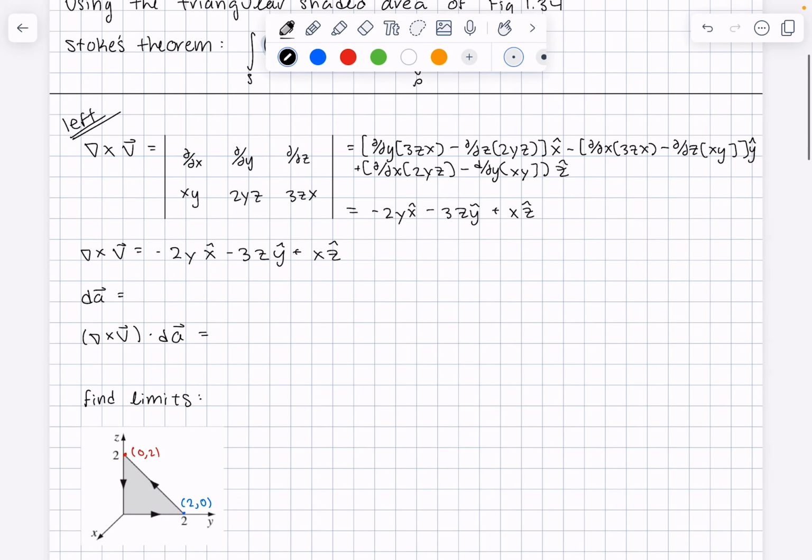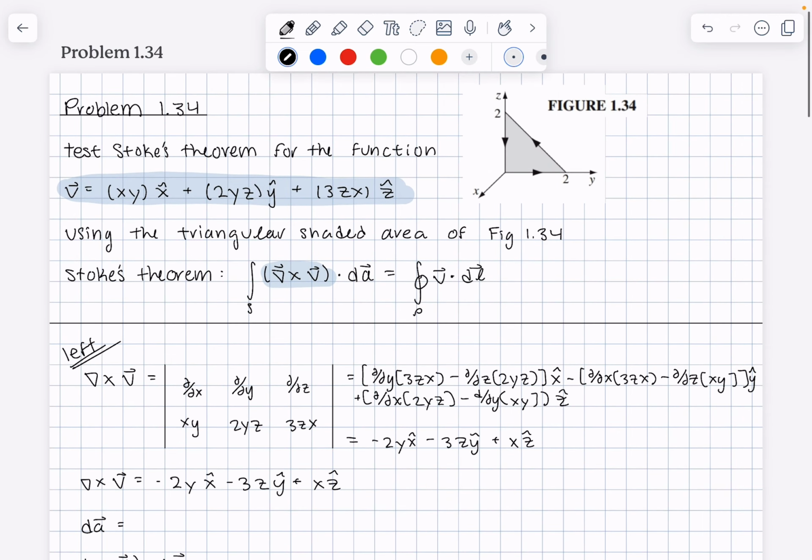Now that we have that, we are going to want to find dA. And so as we can see over here, x is not going to be differing at all over this surface right here. x is going to be a constant at 0. So our only changing aspects are going to be y and z. So it'll be dy dz. And the direction is going to be in the positive x-hat direction, because of the way we are taking the line integral, going around counterclockwise.